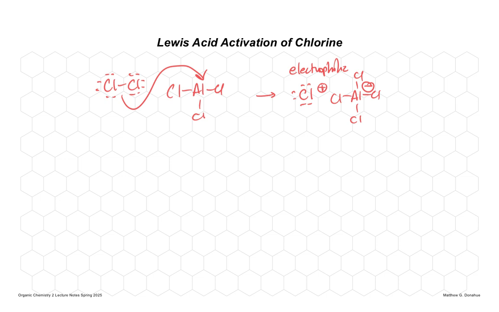So the benzene is going to supply the electrons through the pi bond. So maybe I'll put a dot. That's the carbon atom I want to use.